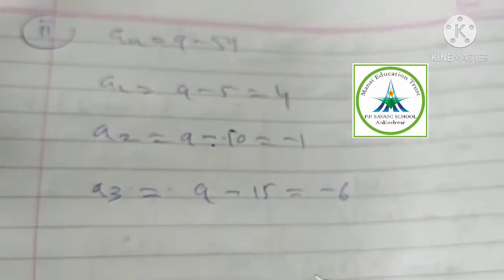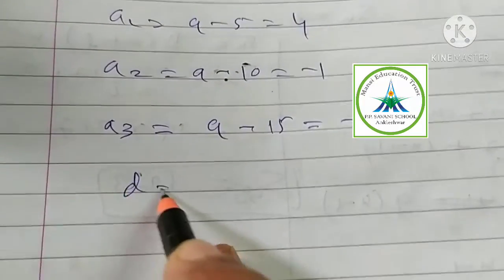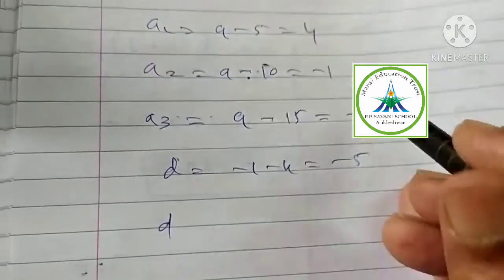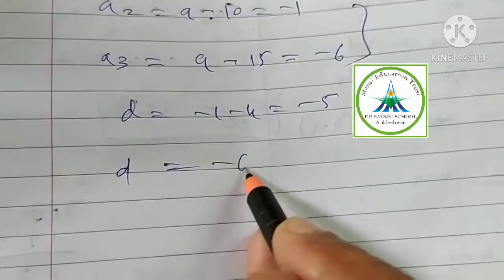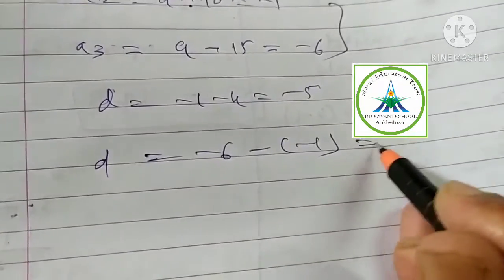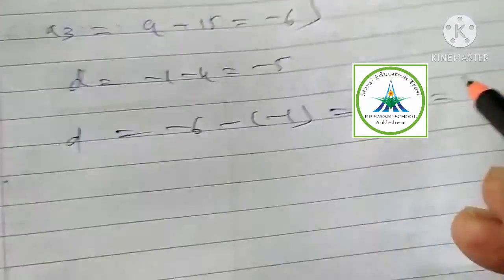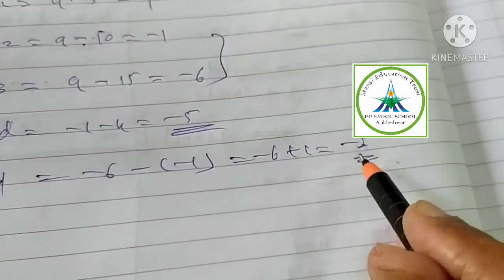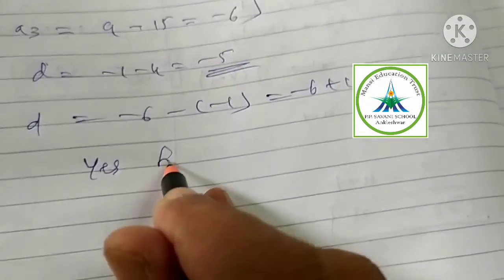Now we will find d: minus 1 minus 4 is minus 5. Getting it? Again from these two, minus 6 minus (minus 1), that is minus 6 plus 1, minus 5. Again we got d is the same. So yes, it forms an AP.